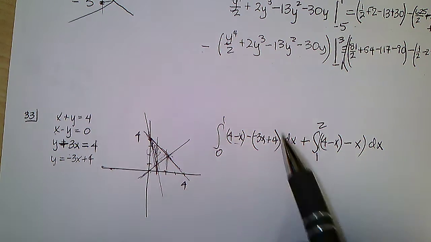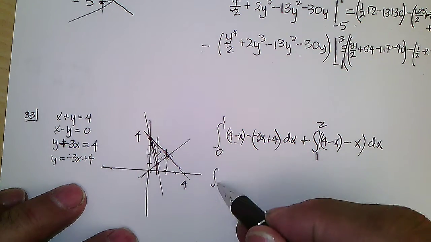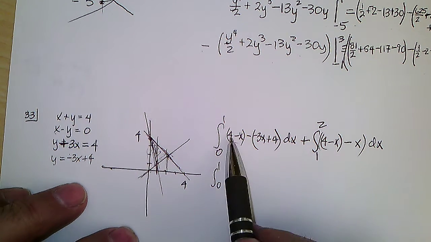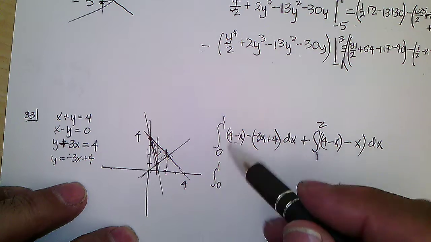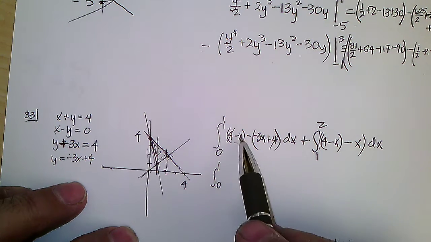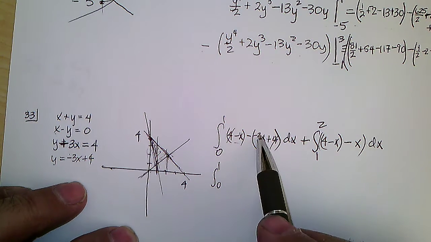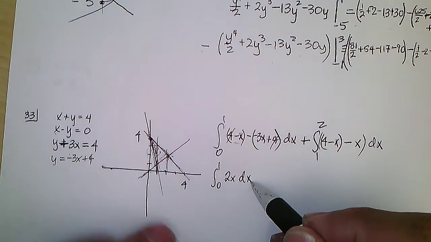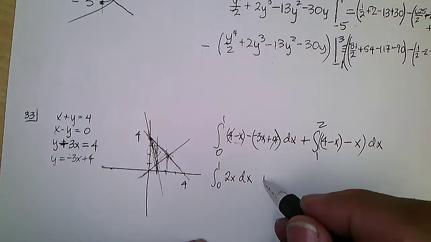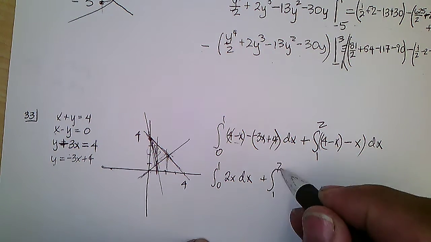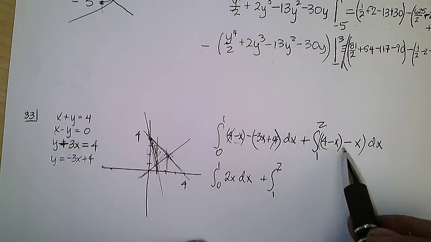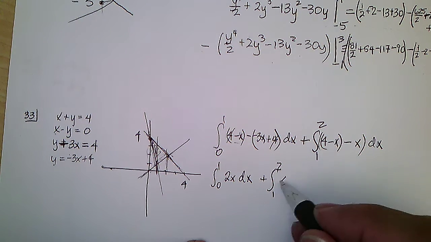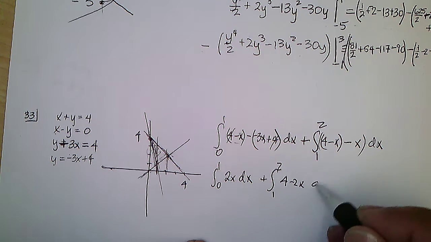I'm putting them together like this, so this would be 0 to 1 of 4 minus 4. The 4's cancel, and I've got minus x plus 3x, which is 2x. That one's going to be easy to do. Plus integral from 1 to 2 of 4 minus x, which is 4 minus 2x.